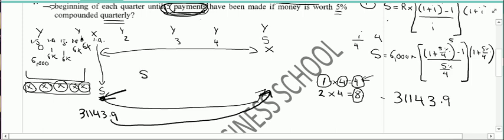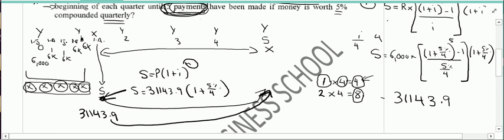So we will use S equals P (1 plus i) power n, and the future value will be present value, or 31143.9 multiplied by (1 plus 5% over 4, because compounding is quarterly) power n. n is again the number of time periods.